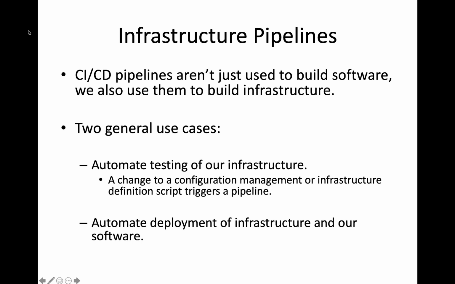And there are sort of like 2 general use cases that I see in the marketplace. One is where we have a pipeline that performs automated testing of our infrastructure. And the second is a pipeline where we automate the deployment of our infrastructure as well as our software.